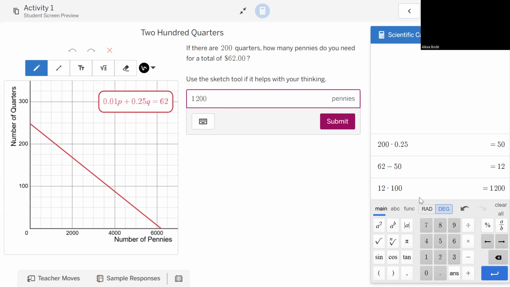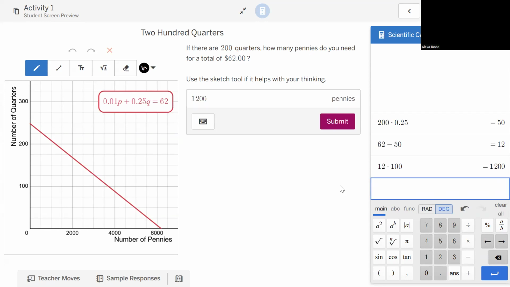And notice when I made that mistake in my calculator, when I did 12 times what pennies are worth, and it gave me 0.12, I realized my mistake because that doesn't make sense for the problem. My question asked me how many pennies I had. It doesn't make sense to have 0.12 of a penny. So that is where I caught my mistake: the answer I got did not make sense for the problem.